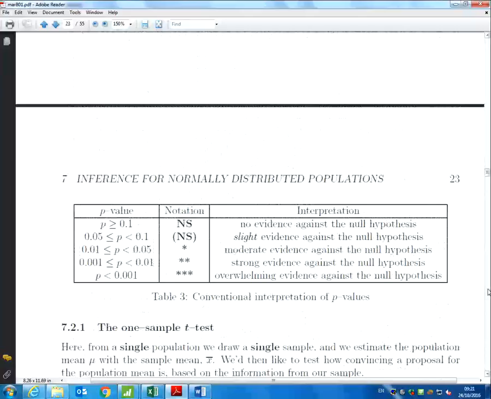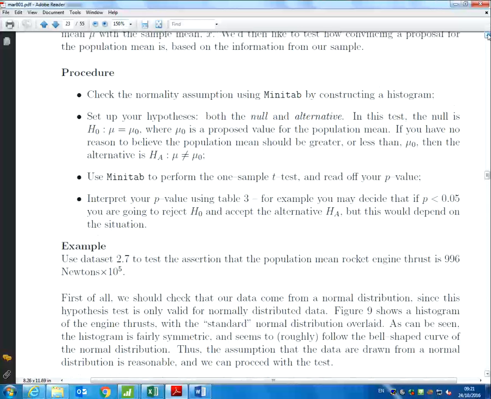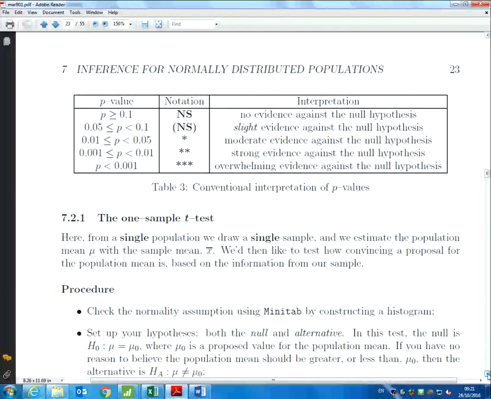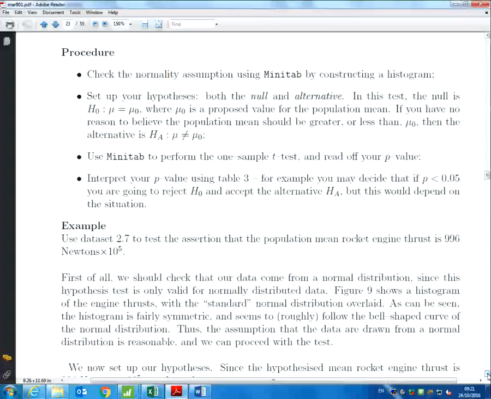In your notes on page 23, you're given the steps.